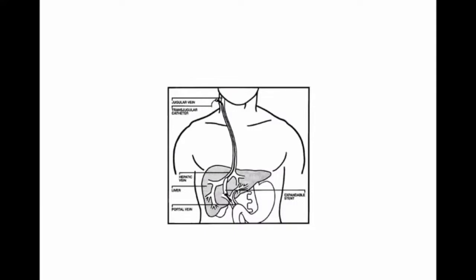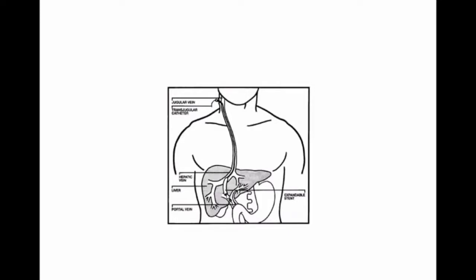You can see the shunt is like a small pipe. I use this arrow to show the shunt. This is the guide wire which is sent through the internal jugular, SVC, right atrium, IVC, hepatic vein, and then through the liver tissue, it goes into the portal vein. And then along that, we push the shunt until it lodges here.